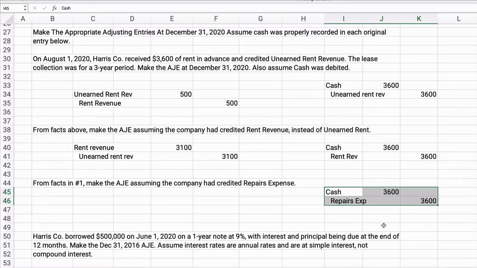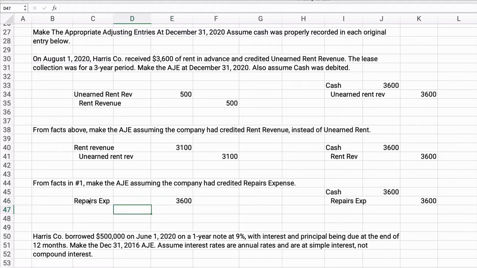So what do we do if we made this error? Well, we still want $500 as rent revenue, $3,100 as unearned rent revenue, and we need to get rid of repairs expense, $3,600. So how do we do this? It's going to take three things. We're going to debit repairs expense for $3,600.